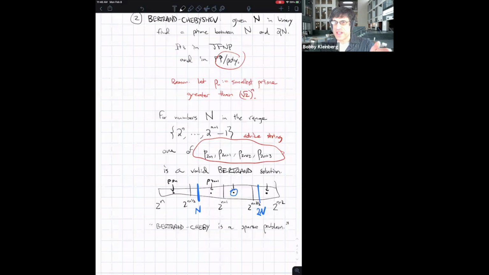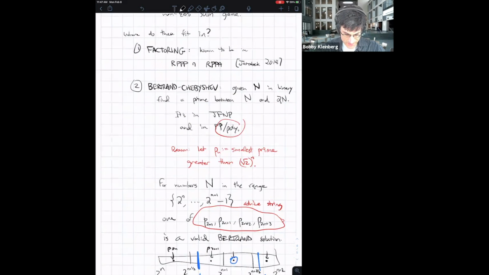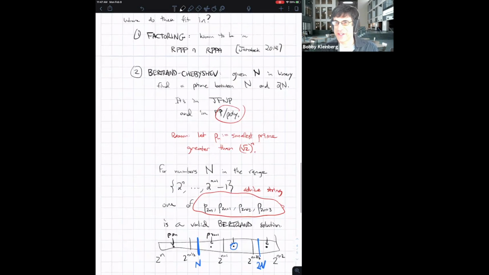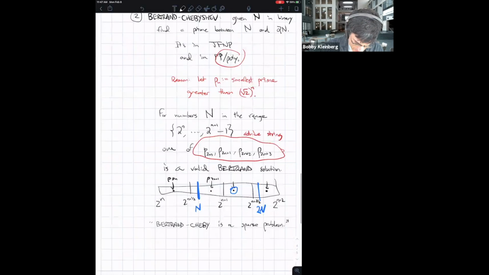If I just told you the input length, if I just told you that the input is n digits long, but I don't tell you what the binary digits are, that's already basically enough information to allow you to solve the search problem. So that's quite different from these other ones where, like factoring, if I just tell you that a number is n bits long, that gives you almost no information about its prime factors.